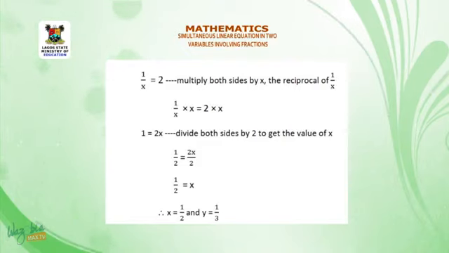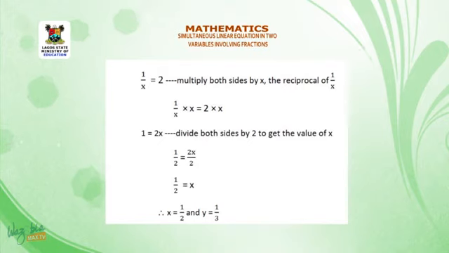Multiply both sides by x, the reciprocal of 1 over x. 1 over x times x is equal to 2 times x. 1 is equal to 2x.